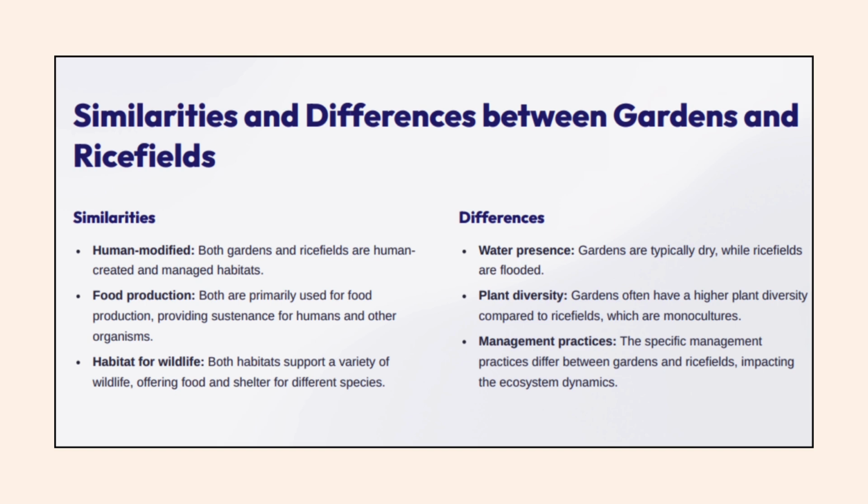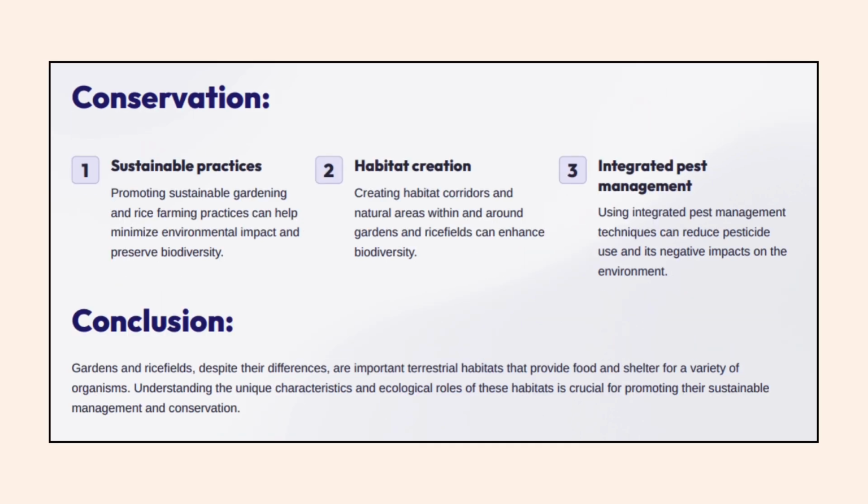Okay, so now, how do we conserve this garden and rice field? So, sustainable practices, promoting sustainable gardening and rice farming practices can help minimize environmental impact and preserve biodiversity.